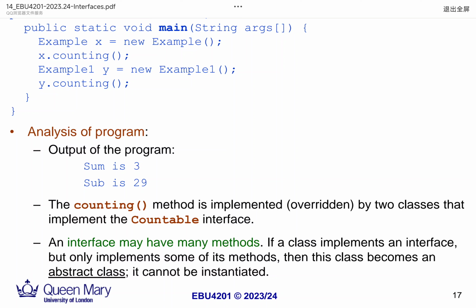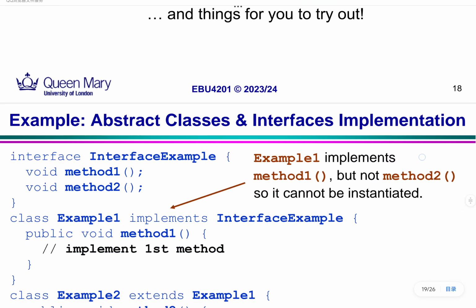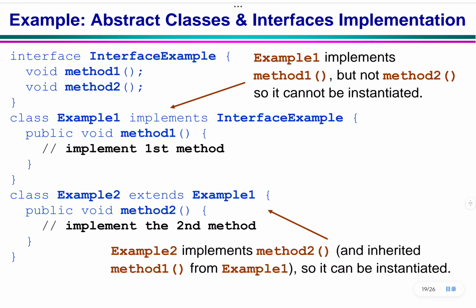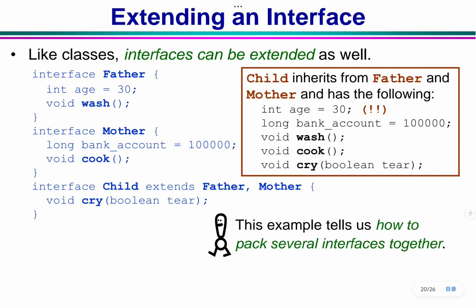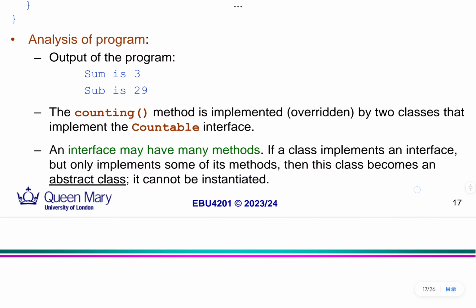An interface may have many methods. If a class implements an interface but only implements some of its methods, it can be abstract. Example, abstract classes.